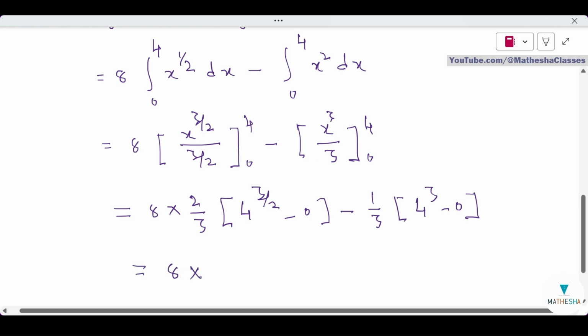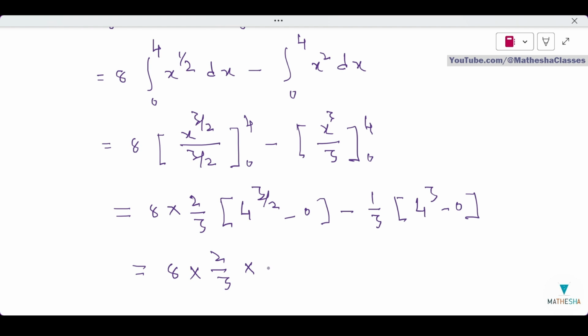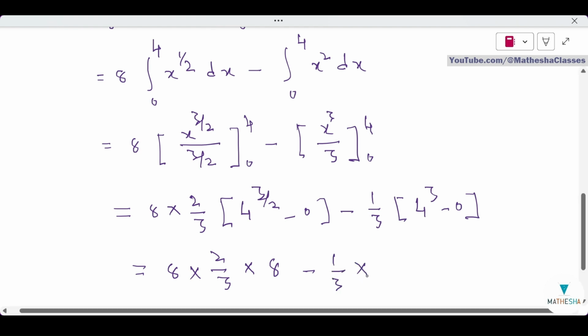So 8 times 2/3, 4 to the power 3 by 2 is 2 cube. That means 8 minus 1/3 into 4 cube, which is 64.